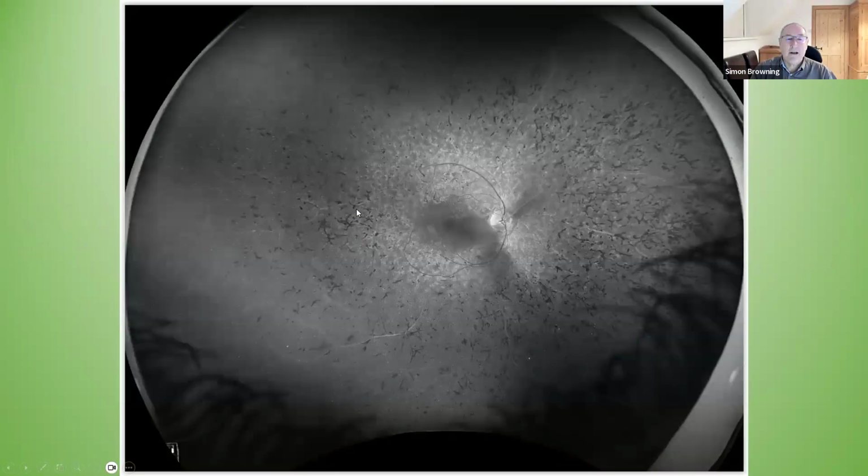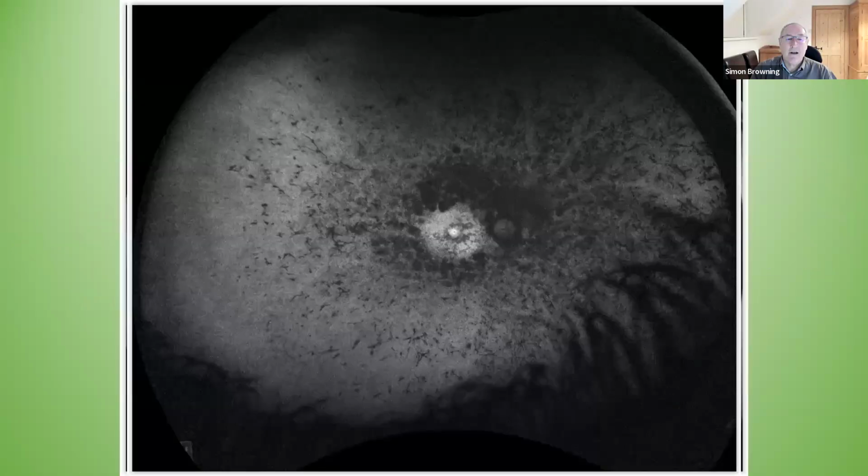Again, you can see it on both levels of retina, and the autofluorescence gives you that really true reasoning. The pigment obviously will look dark, but you can see the effect of the atrophic, hyperfluorescent areas where the visual field defect is going to be the problem.